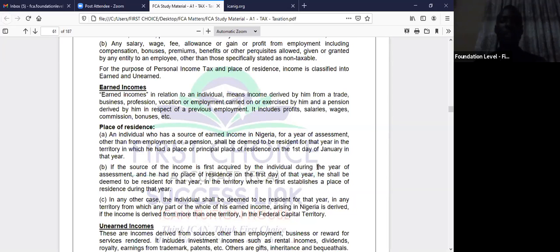Okay, now whenever you are earning pension, you don't have any office anymore. The only thing you earn is pension. So we will now look at where you are living, which place you usually live. That is your place of residence.